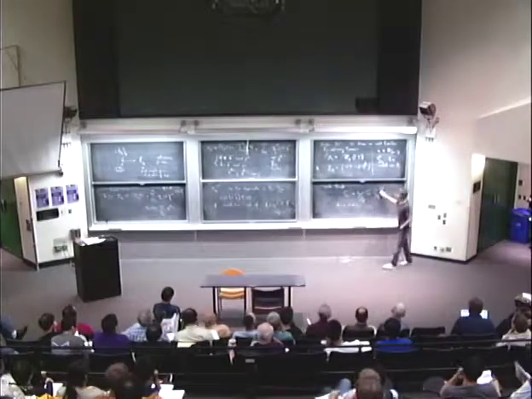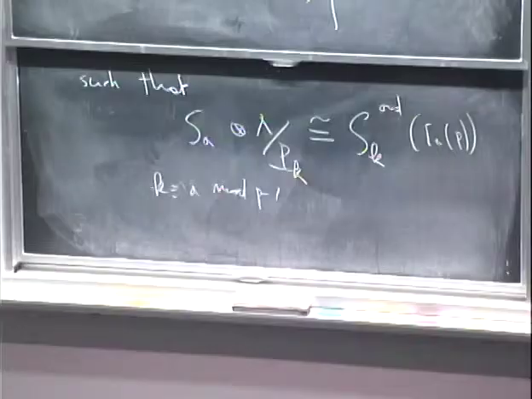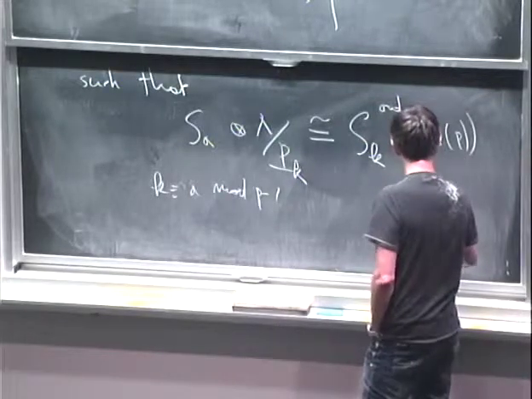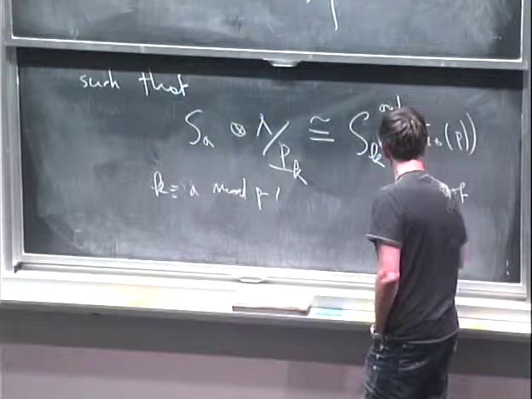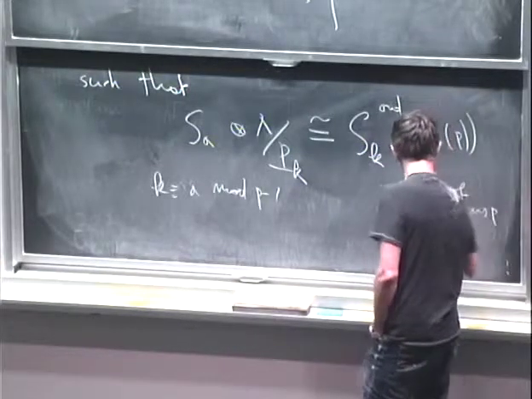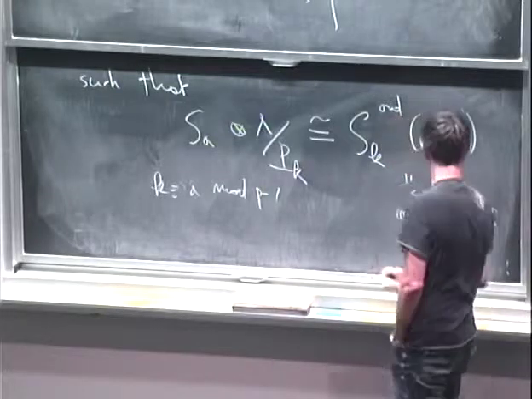So here S_k^ord of Gamma_0(p) is a space of cusp forms. So this is a space of ordinary cusp forms of weight k.